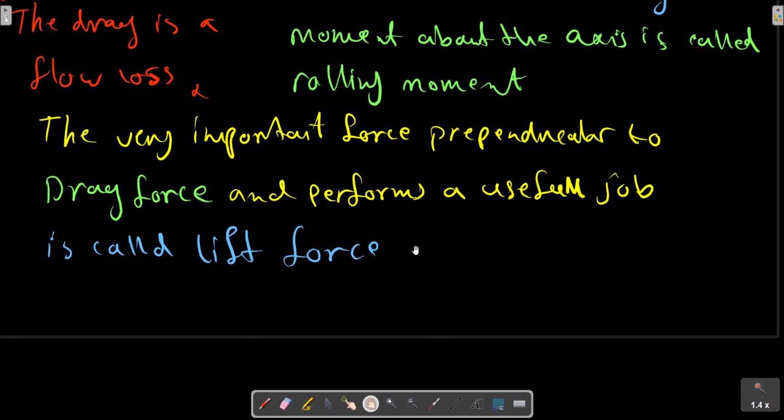So we also have a definition here. The moment about the lift axis is called yaw.